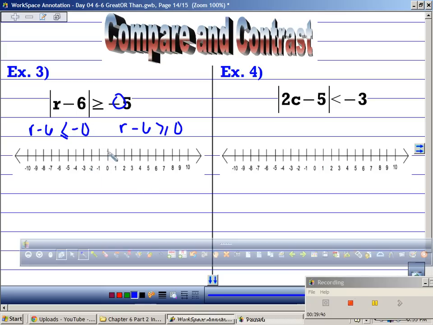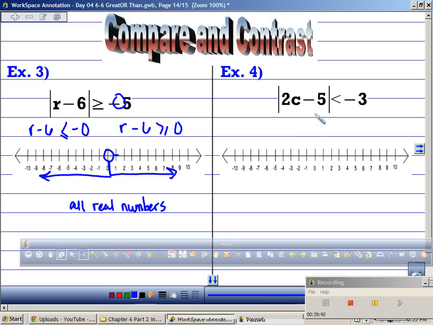So that would be 0 in both cases, and it would be all the numbers going greater than and all the numbers going less than. So the solution of this is actually, we're talking about the distance between two numbers being greater than this, which doesn't exist, then it's all real numbers.